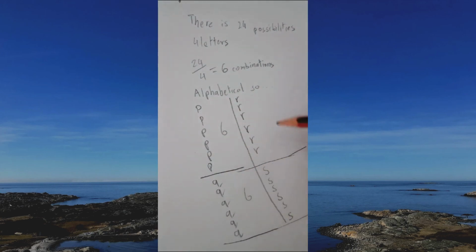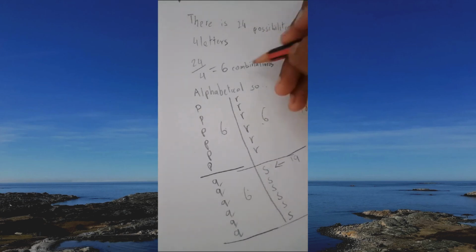So now we have 6 P's, 6 Q's, and 6 R's. Add these together, we get 18. And now the 19th one has to be the first S.